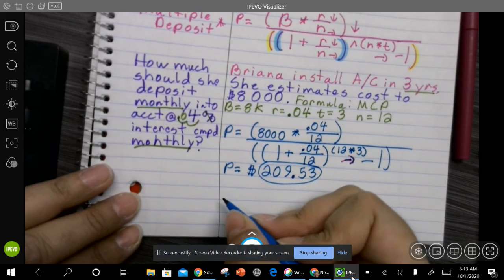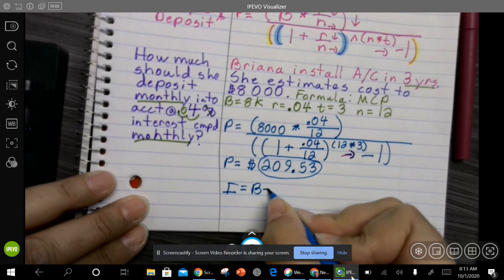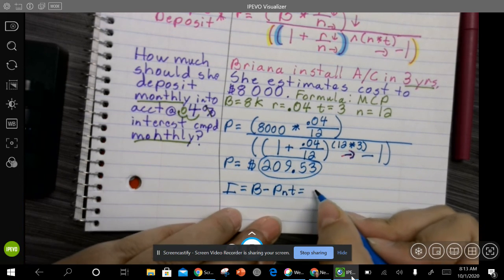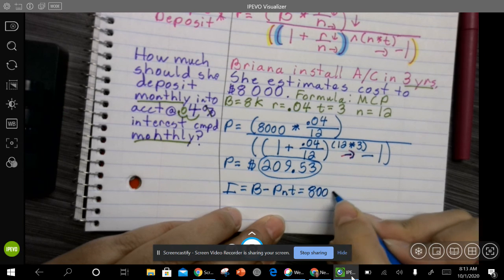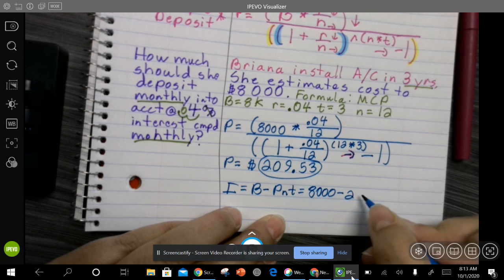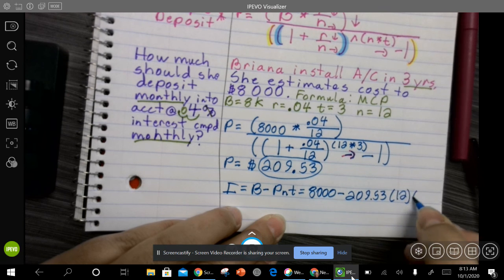Okay, so that's how much she needs to deposit. We're going to figure out the interest. So interest is equal to balance minus the principal times n times t. Okay, so our balance was $8,000 minus the $209.53 times 12 times 3.